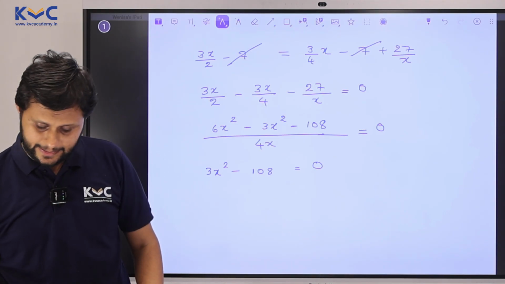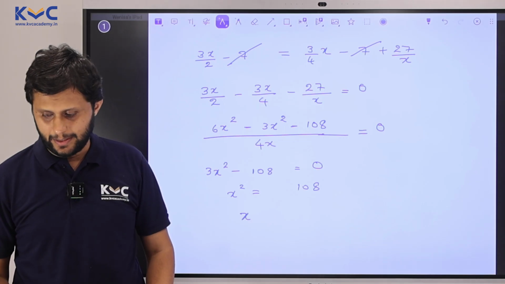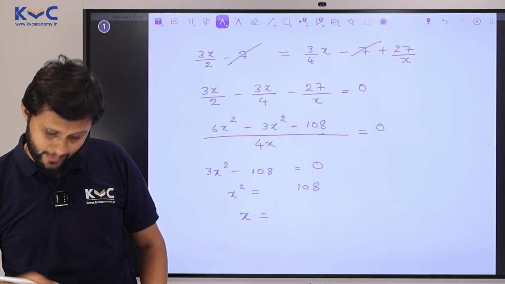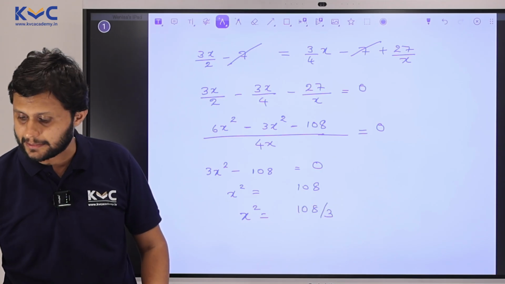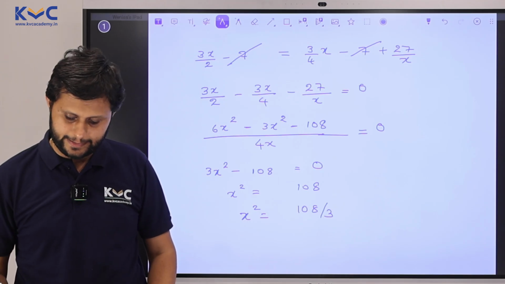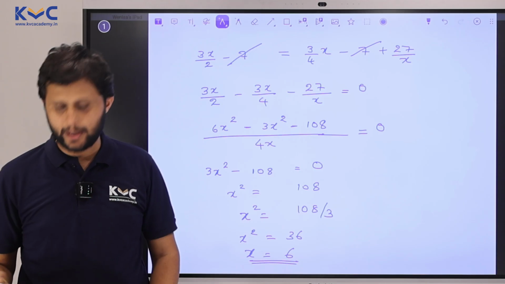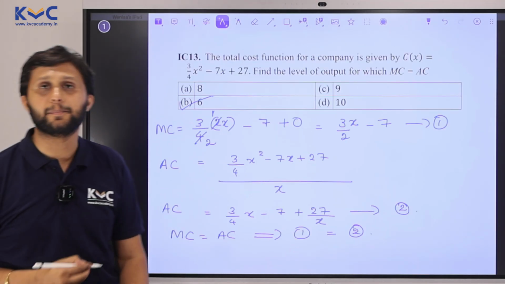Take 108 to the other side, so we get 3x square equal to 108. Now we'll take square root of 108, no, divided by 3, sorry. X square is equal to 108 divided by 3. We get 36 and x is equal to square root of 36, which is equal to 6, which is there in option B.